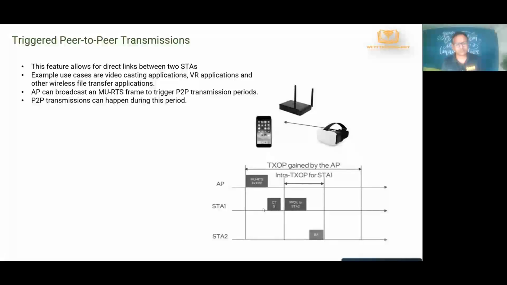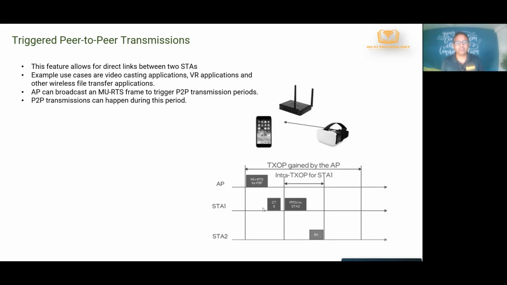There's also another feature which is being proposed across multiple Wi-Fi standards. This is called peer-to-peer transmission, especially in use cases where you have a phone that is trying to cast a video to the TV, or you're trying to do some local VR applications, or some wireless file transfers between two devices. We want two devices to talk to each other without having to communicate through an access point.